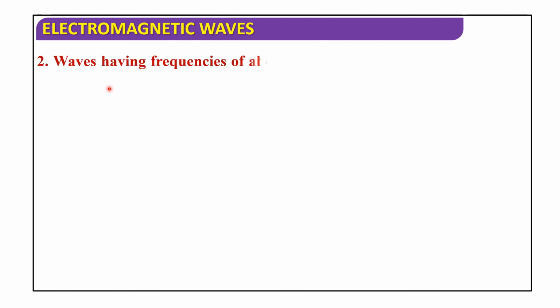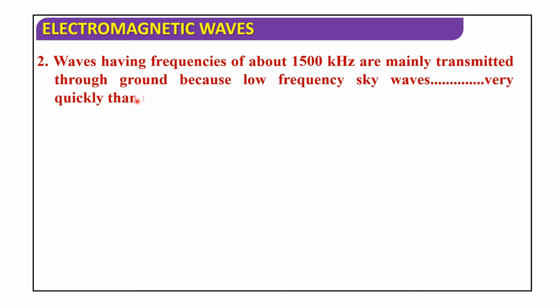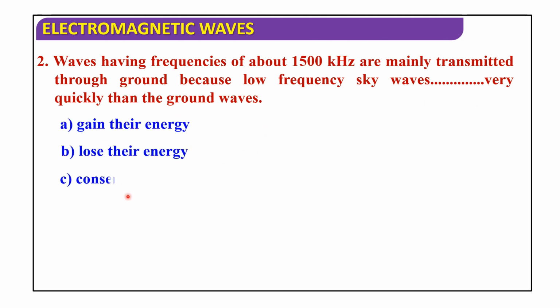Waves having frequencies of about 1500 kHz are mainly transmitted through ground because low frequency sky waves dash very quickly than the ground waves: gain their energy, lose their energy, conserve their energy, none of these. Waves having frequencies of about 1500 kHz are mainly transmitted through ground because low frequency sky waves lose their energy very quickly than the ground waves.